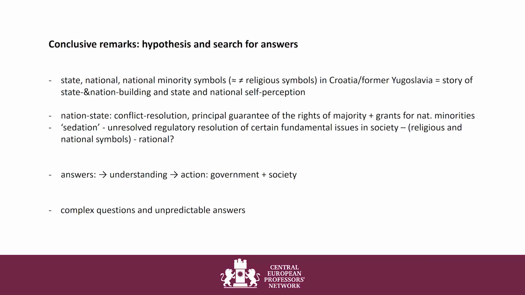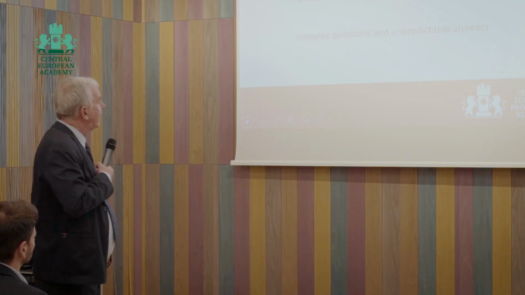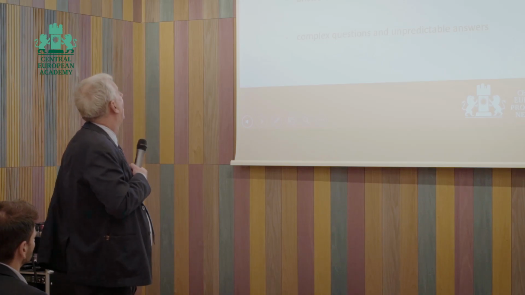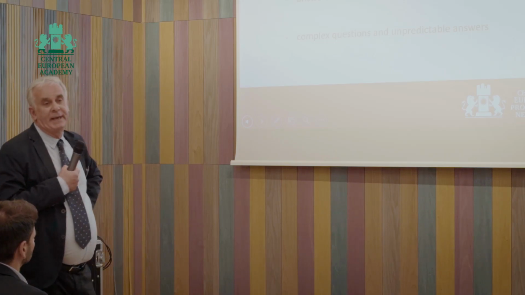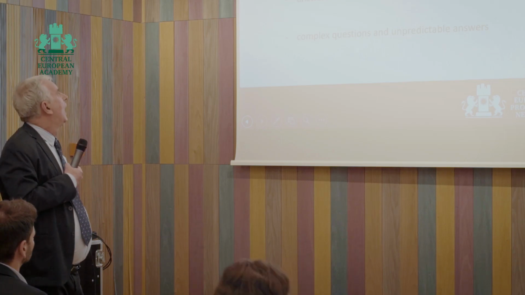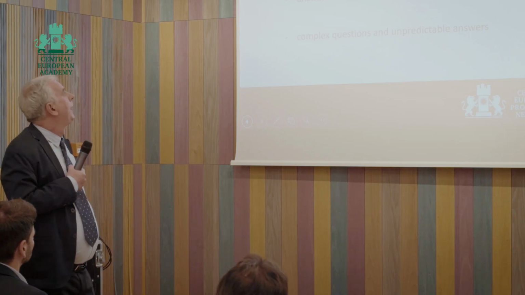And conclusive remarks. State and national minority symbols, up to a certain point religious symbols in Croatia, and I would say everywhere in former Yugoslavia, is a story of state and nation building and state and national self-perception. In this case, as a résumé, the nation-state in the Croatian case could be seen as a conflict resolution outcome.